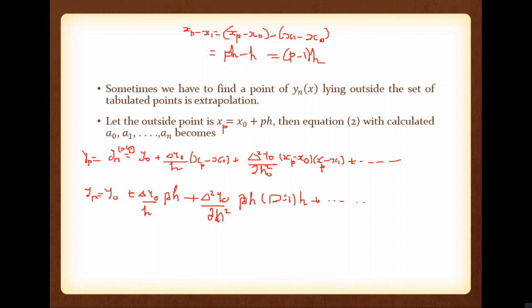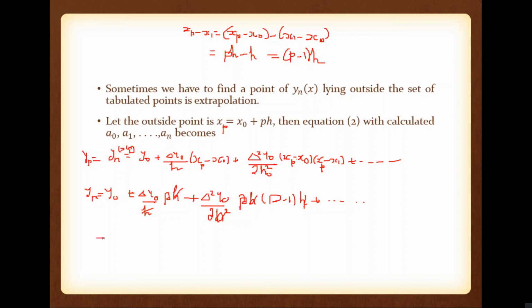So you can see that here this is the first term corresponding to a1. Here h and h are cancelled. Here this is the second term. Here we have the denominator 2h square, and here we have h and here also we have h, so h and h are cancelled. So what is left?